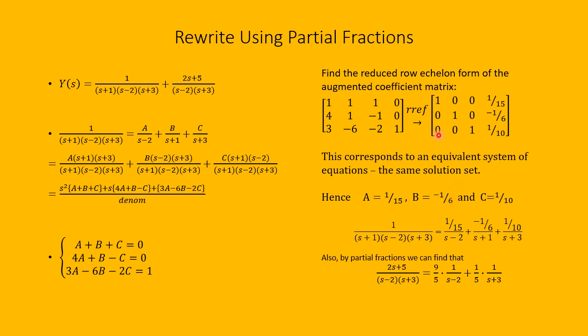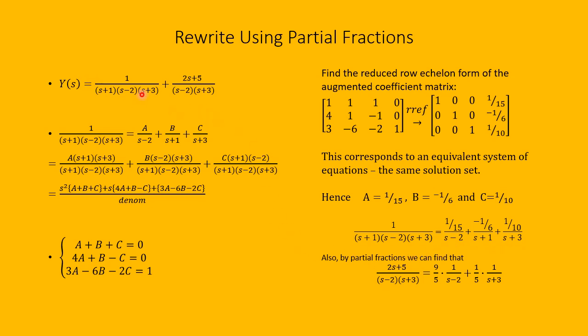The third equation, 0A + 0B + 1·C = 1/10, tells us that C is 1/10. So coming back to here, we now know what A, B, and C are. We can substitute those in, and we have that 1 over this denominator is (1/15)/(s−2) + (−1/6)/(s+1) + (1/10)/(s+3).